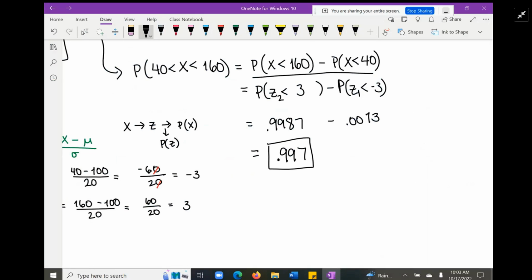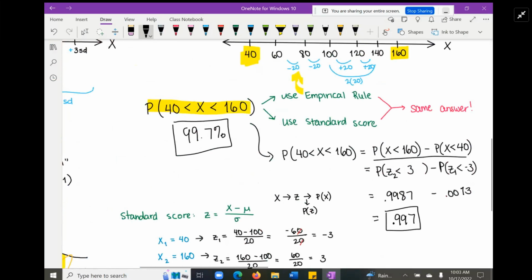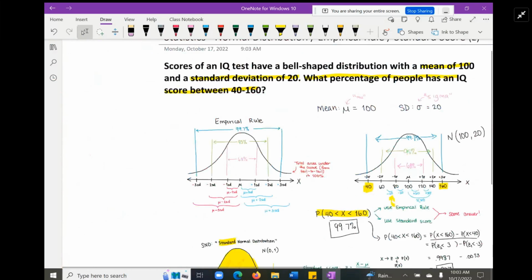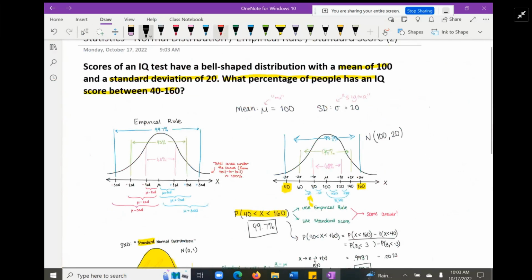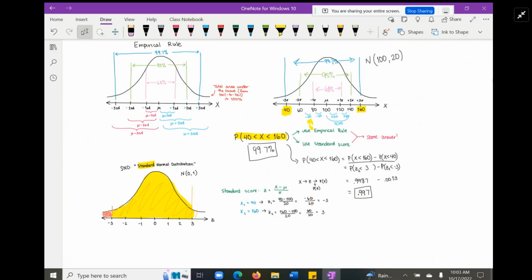You would definitely provide the answer as a percentage because they ask for the percentage, not simply the proportion or probability. So make sure you convert into percent, regardless of how you do your work here. But that is the two different ways to find the same answer, and it shows again that they're literally linked. They're the same, just different ways of looking at the information.